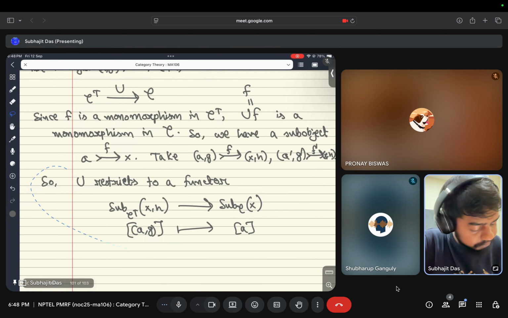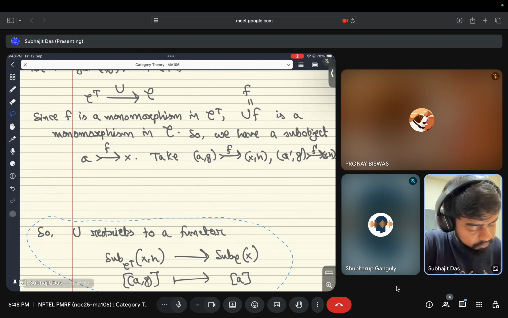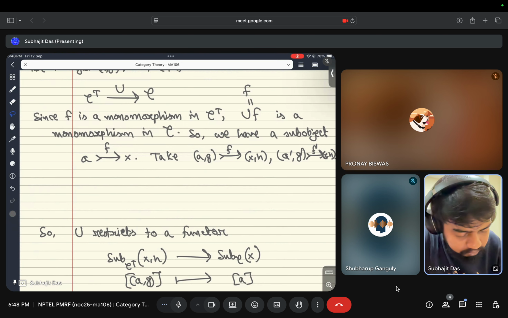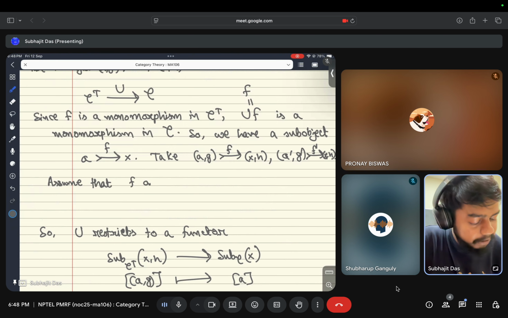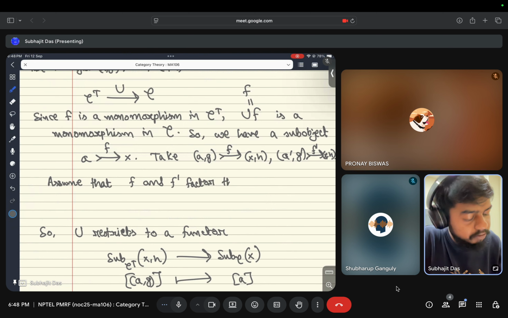Assume that F and F', (A, G) and (A', G') are equivalent, that is, F and F' factor through each other. We'll just write it in words.